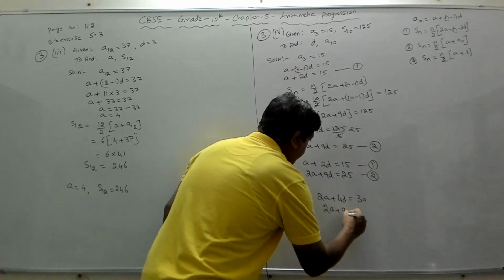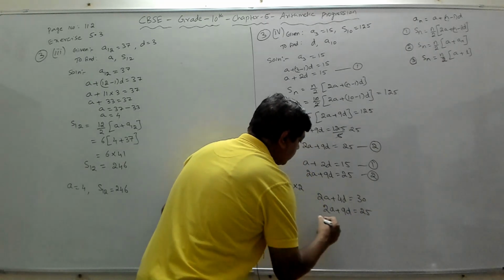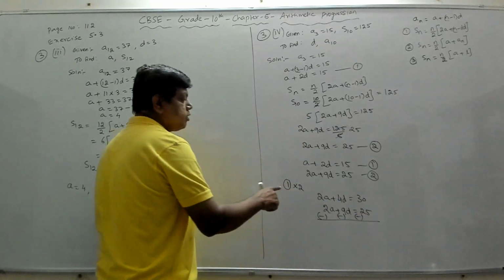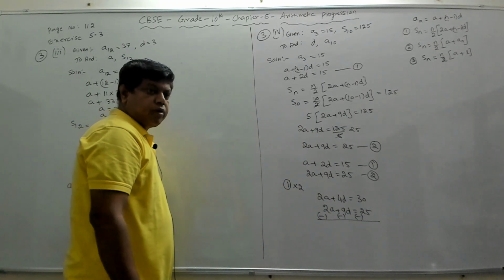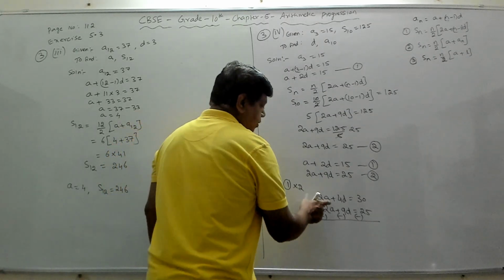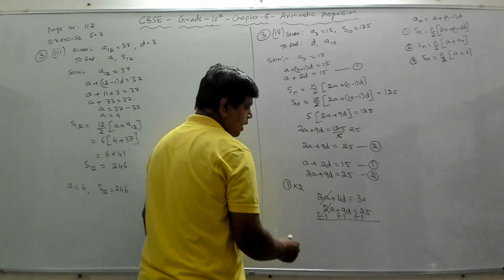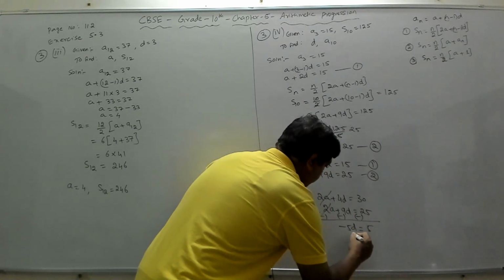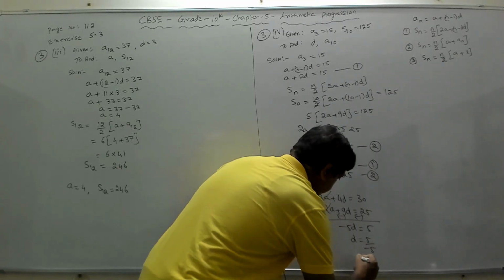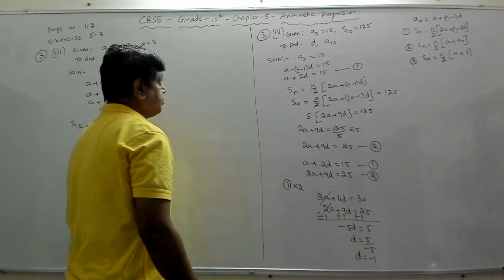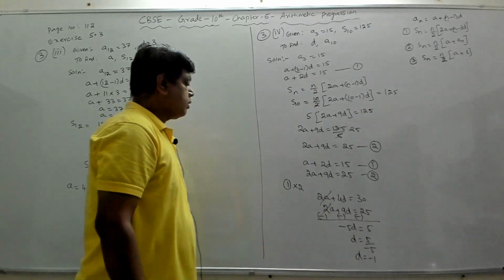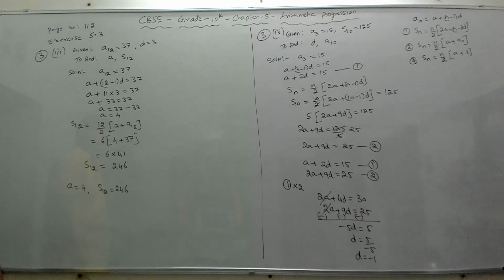Now we subtract, using the elimination method we studied in chapter 3. Since the coefficient of A is the same, we get minus 5D equal to 5. So D is 5 by minus 5, which is minus 1. Our common difference is minus 1.